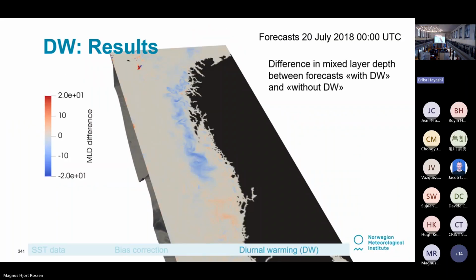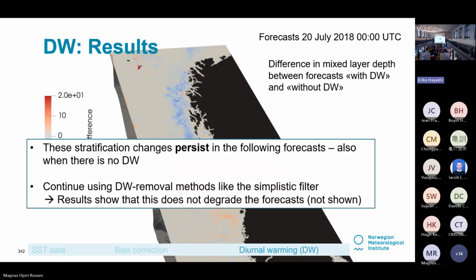If we look at the mixed layer depth changes, we see that there is a lot of blue color, which means that the mixed layer depth has reduced also. So we have a lot of stratification changes occurring in the model, but these stratification changes do persist in the following forecast.